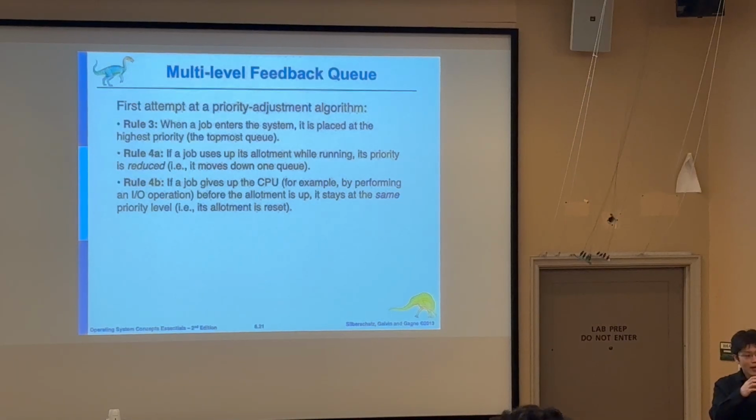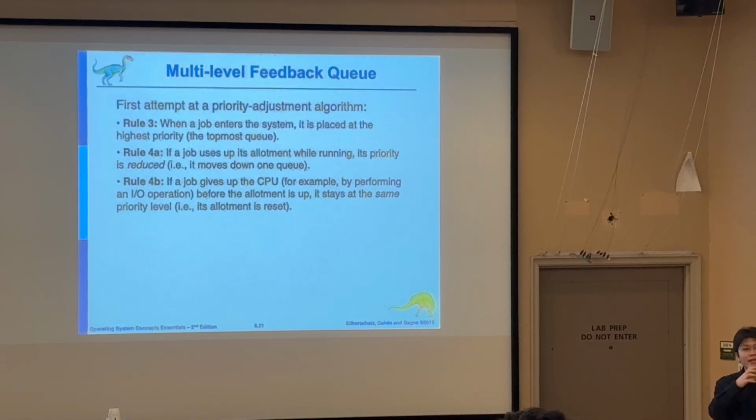So the timer interrupt happened and checked: okay, this process has been using the CPU for the past quantum, the time slice. That's one possibility. The other possibility is that a process did not use up its quantum, its time slice, and it gave up its CPU proactively before its time slice was used up.